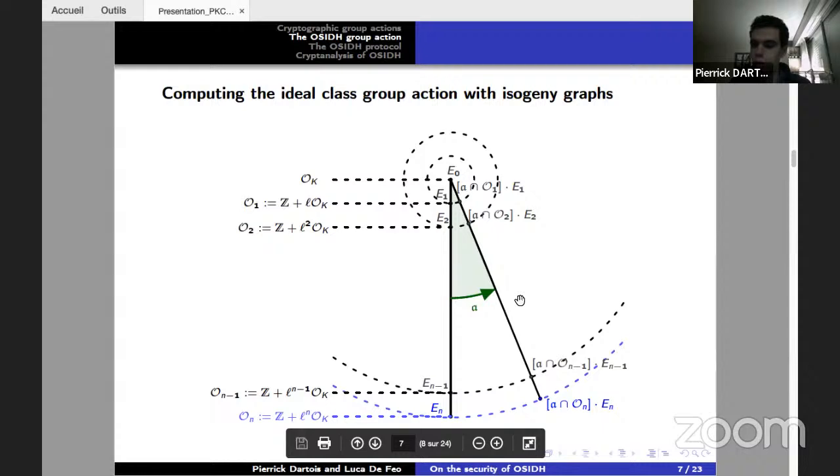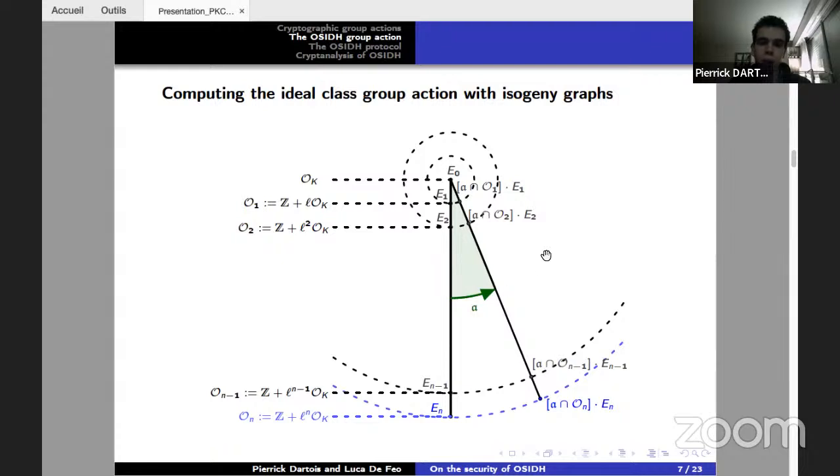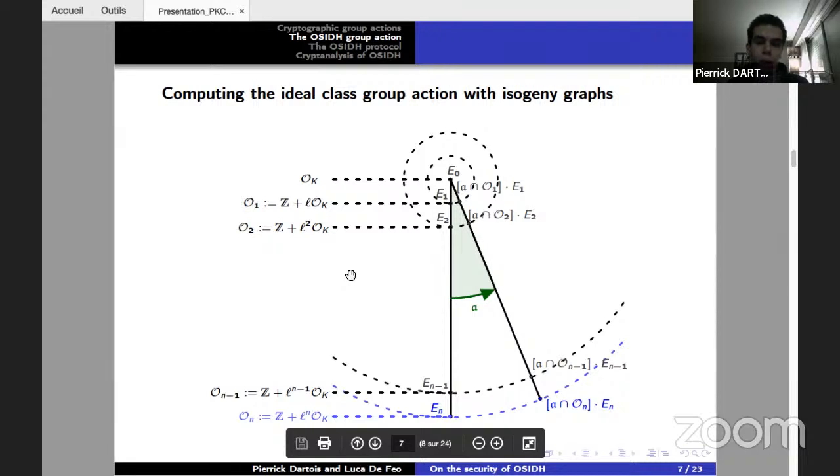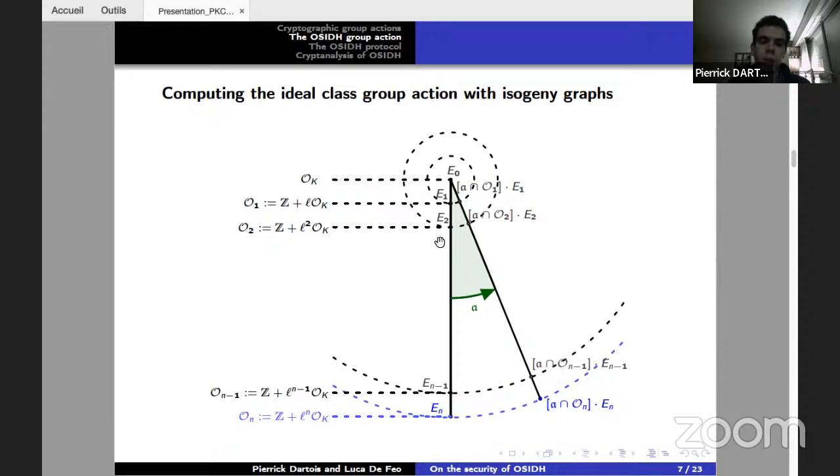Concretely, to compute the group action, we work in the L-isogeny graph, which has the structure of a volcano. Each level of the volcano is given by an orientation of an order, meaning that every level is actually a space for an ideal class group action.